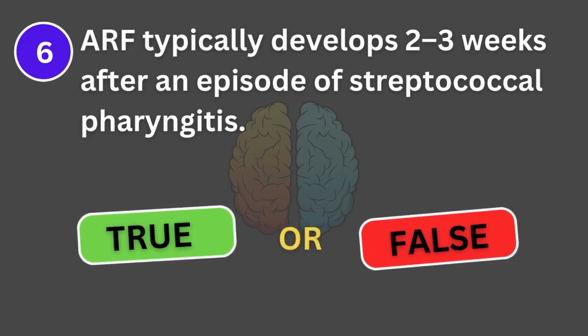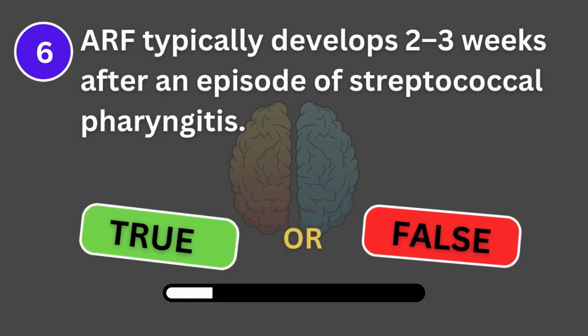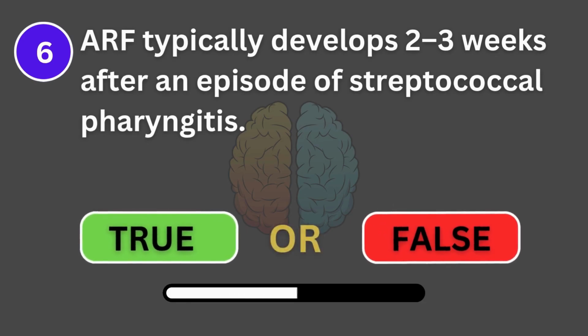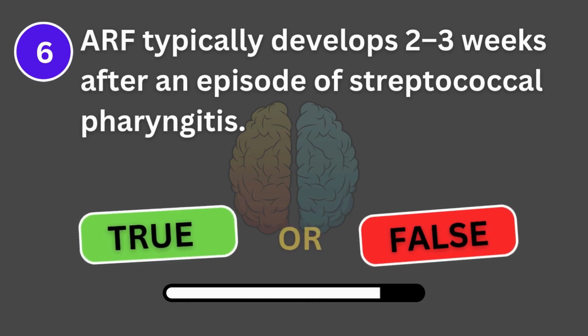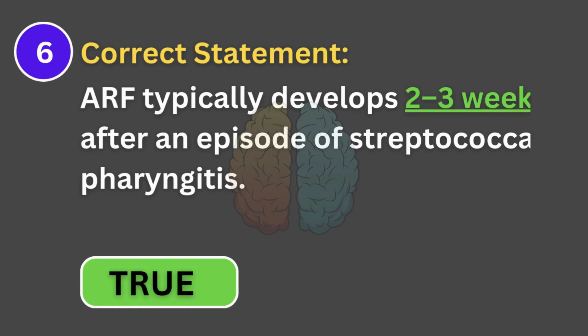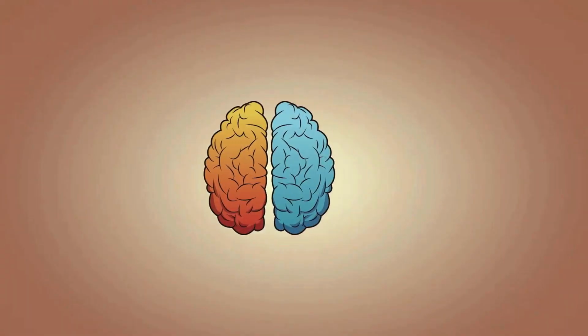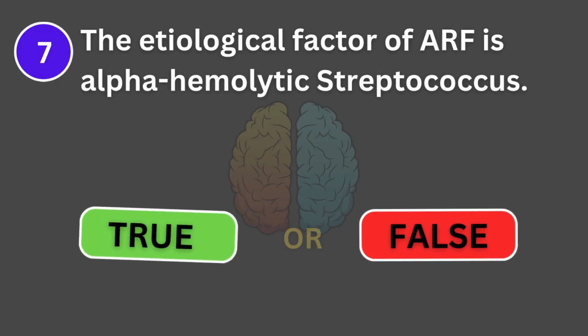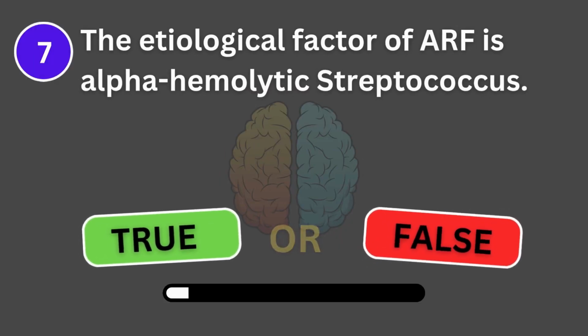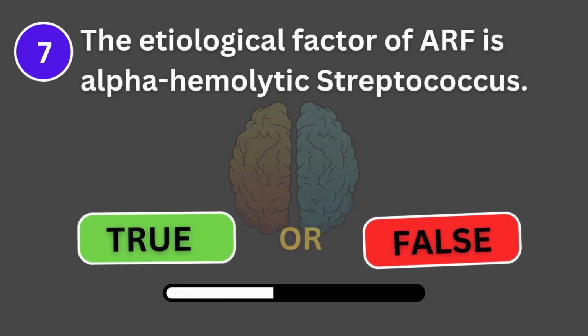ARF typically develops 2 to 3 weeks after an episode of streptococcal pharyngitis. The etiological factor of ARF is alpha-hemolytic Streptococcus.